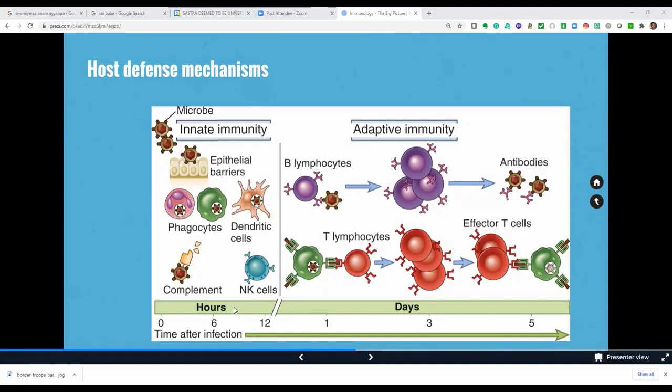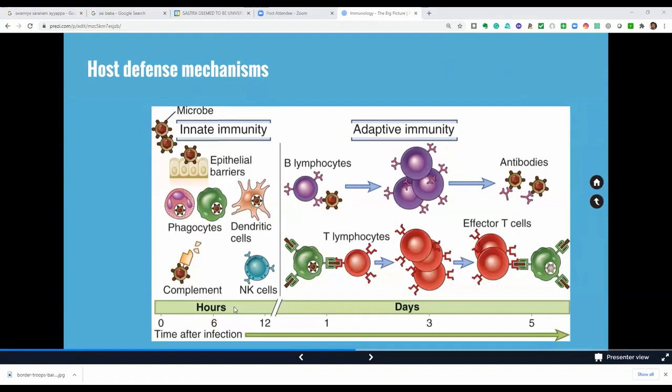Within 0 to 12 hours, the innate immunity comes into picture. It does its job, which is to kill and eradicate the bacteria or any microorganism which entered the body. Whenever any pathogen enters, the innate immune system is immediately enabled by our body. Slowly, the adaptive immunity system will be enabled.